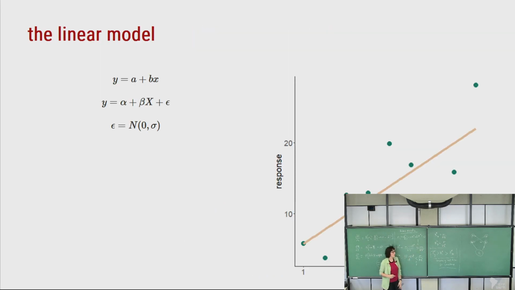So the linear model is basically our mathematical model describing this curve with the error structure. And here we have to assume that the error component follows a normal distribution with mean 0 and the deviation of the data, okay?